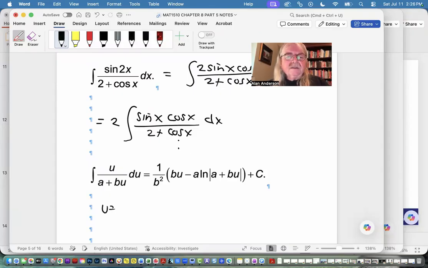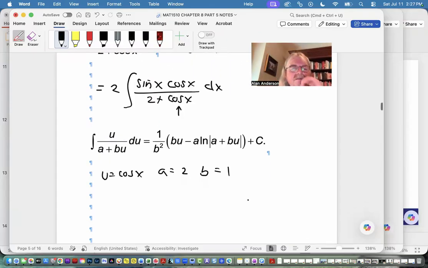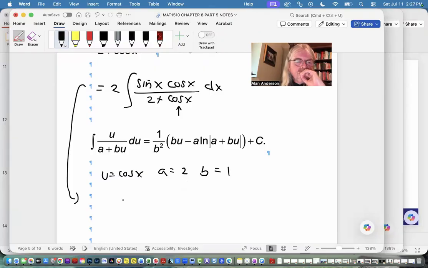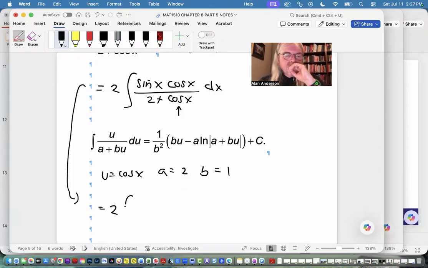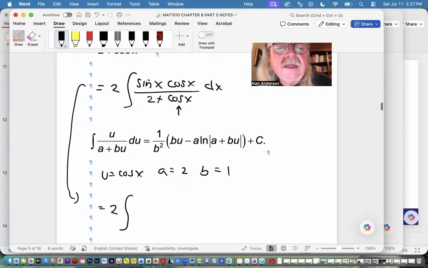I guess that's because it's in the denominator. I guess that would make sense because we're trying to find a plus bu, which means that a is the 2 and b would be 1. There would be an implied 1 there.